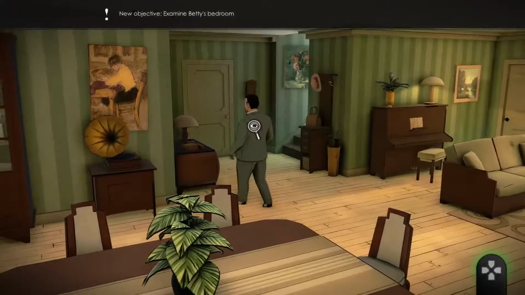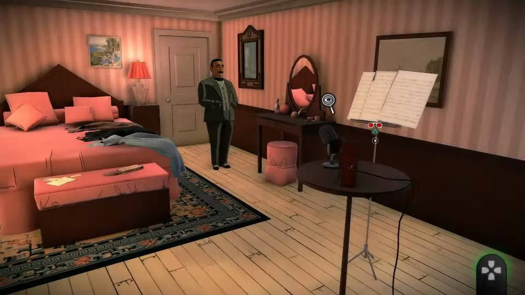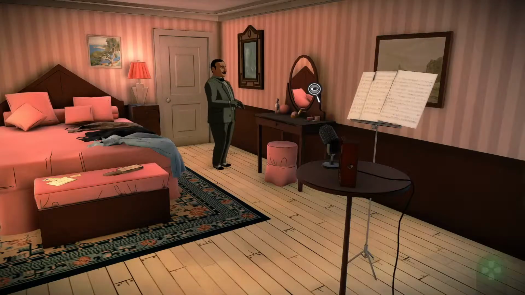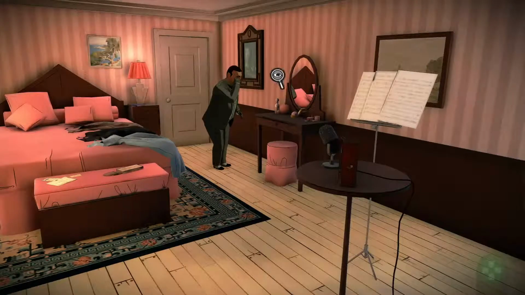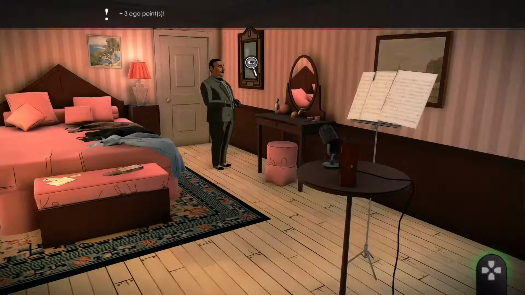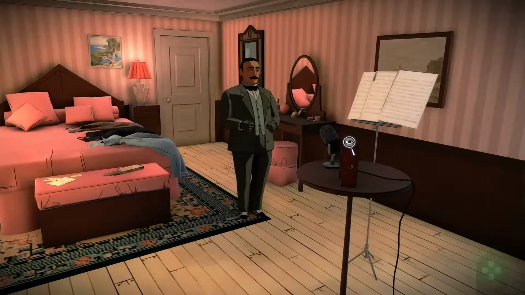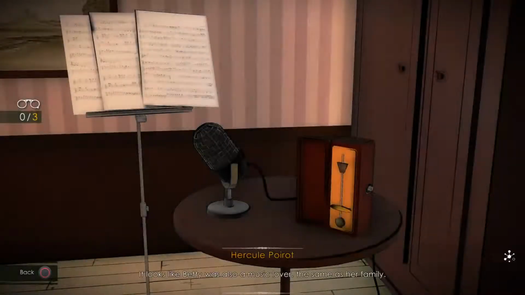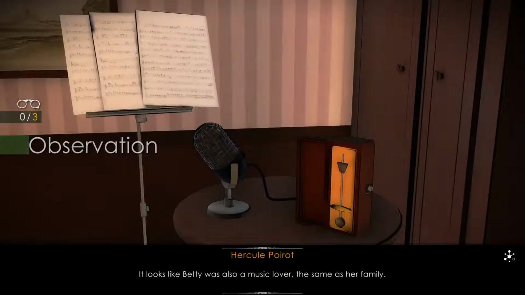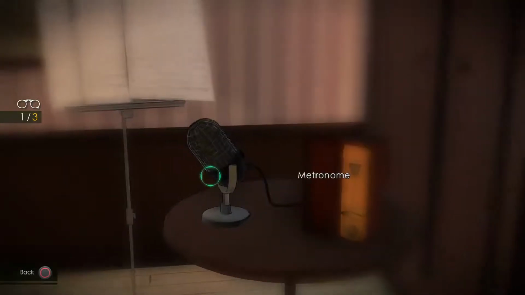Let's go to Betty's bedroom. It looks like Betty was also a music lover, the same as her family. Metronome. Microphone.